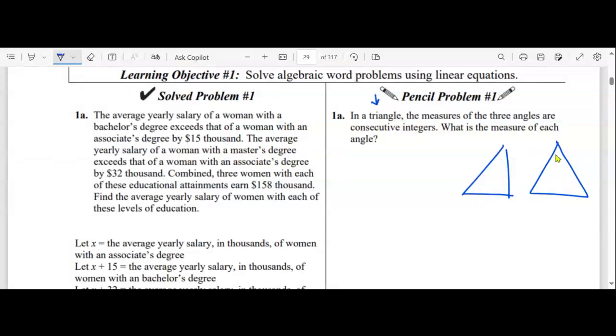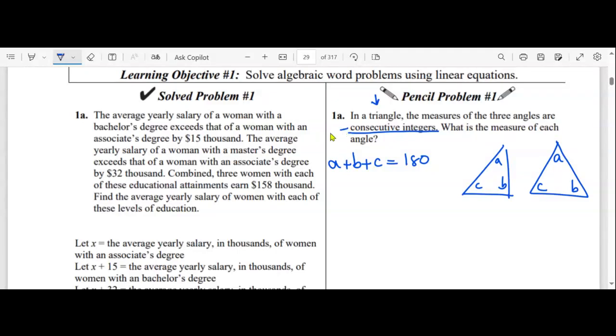The triangle has how many angles? Three angles. Angle A, B, C. What is the sum of the measures of the three angles? 180. Right. Now, do you understand the meaning of consecutive?